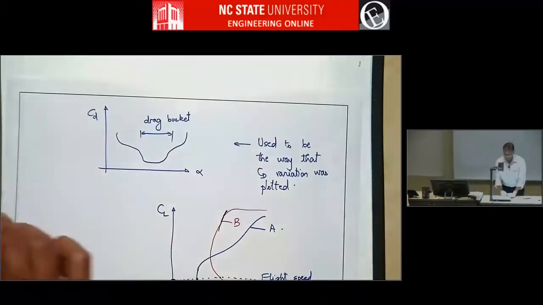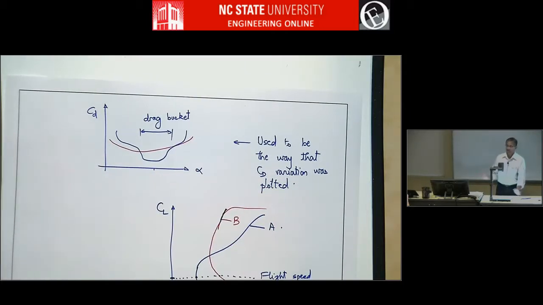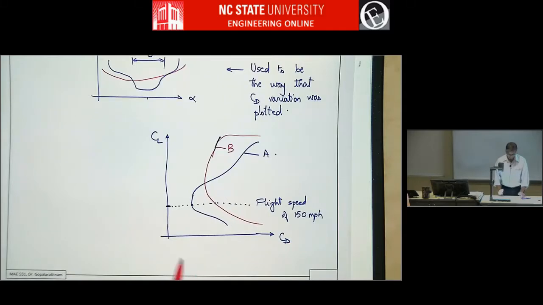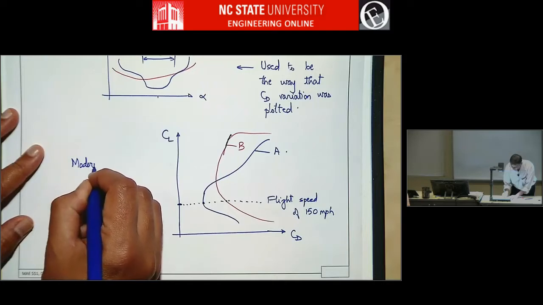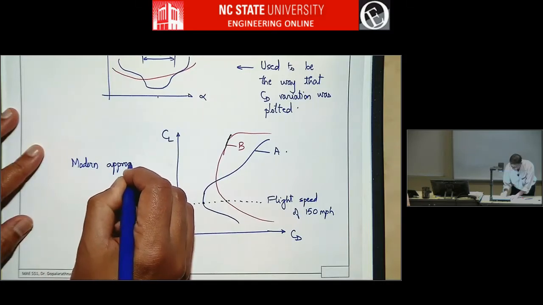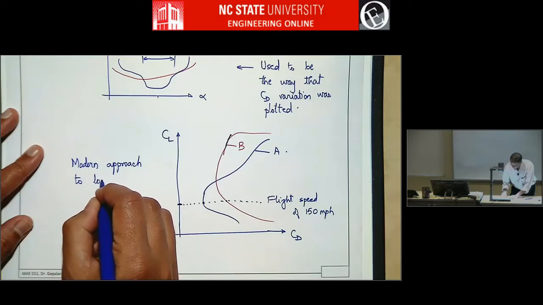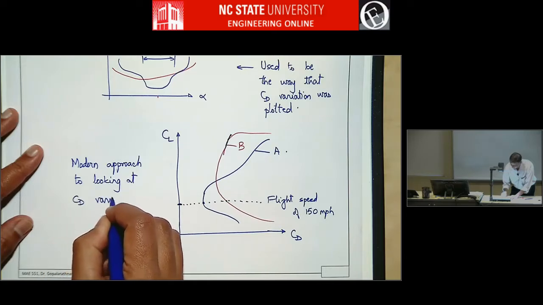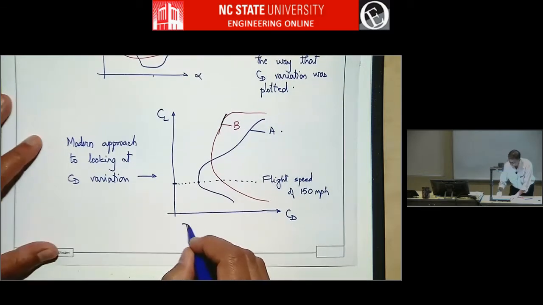Comparing at a given alpha doesn't really mean anything. It's just a data point that's not very useful. So that's why this is a modern way of plotting. So this is called a drag polar.